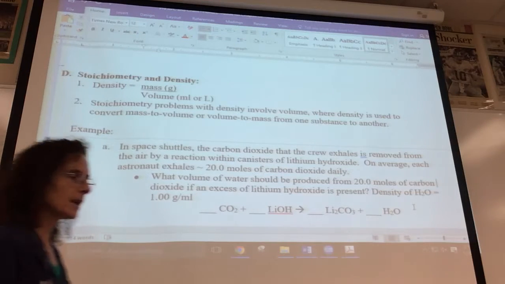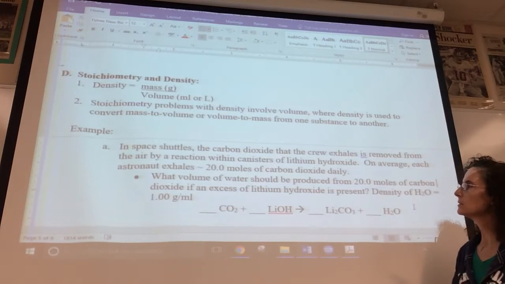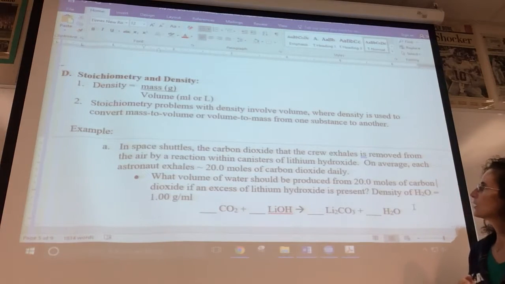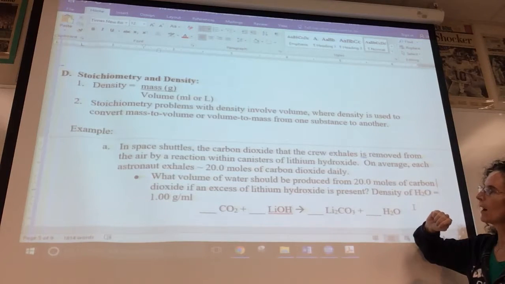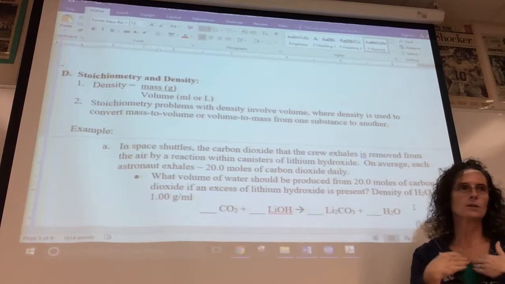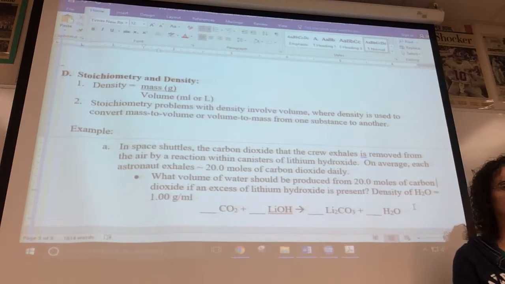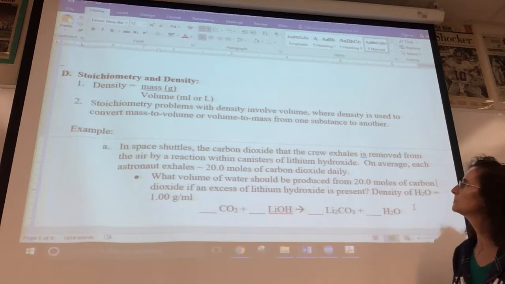Okay, in the example shown, it says in space shuttles, the carbon dioxide that the crew exhales is removed from the air by a reaction within canisters of lithium hydroxide. So we know we exhale carbon dioxide. You can remove carbon dioxide by reacting it with lithium hydroxide. You can have lithium hydroxide in canisters on such a space shuttle.